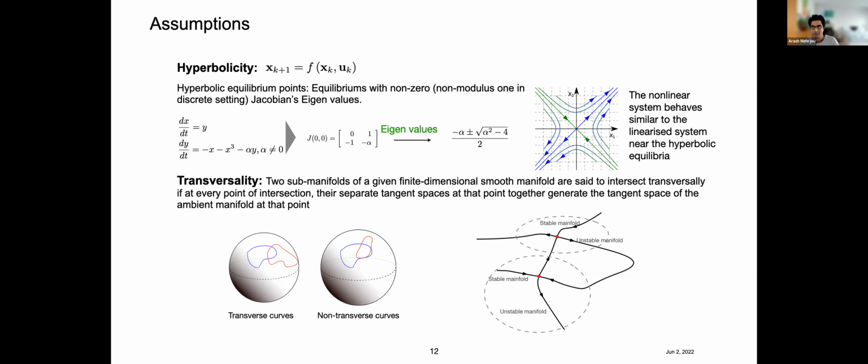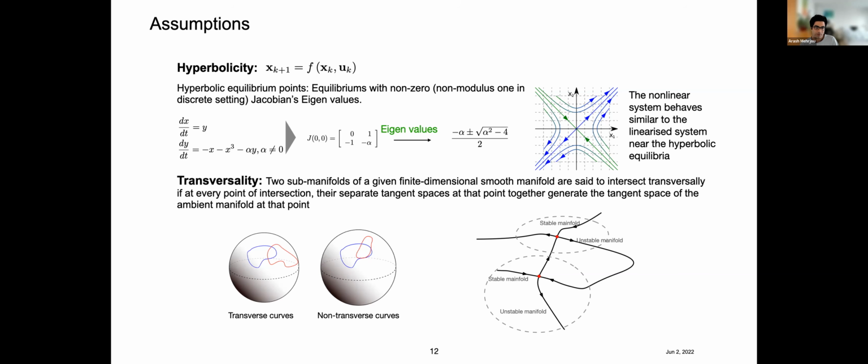Some of these critical elements are, for example, the limit cycles, or the equilibrium points of the system. In the case of equilibrium points, it is important that the eigenvalues of the Jacobian at these equilibrium points have non-zero real parts.